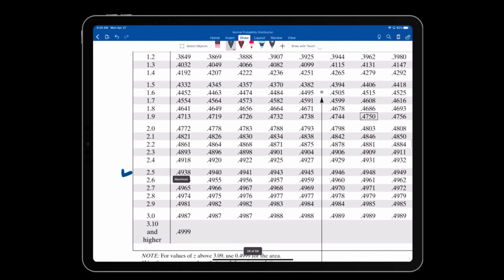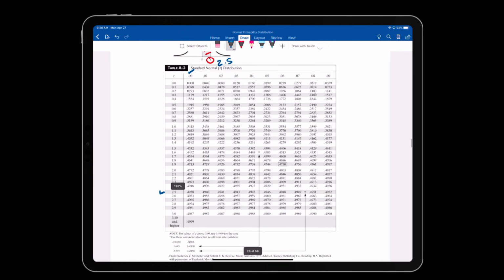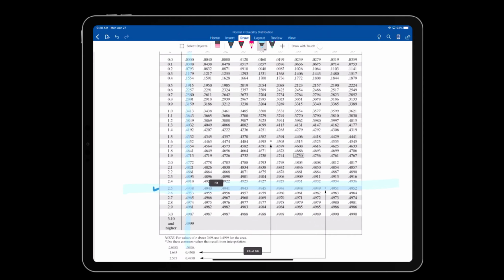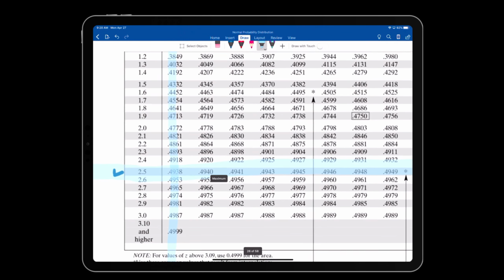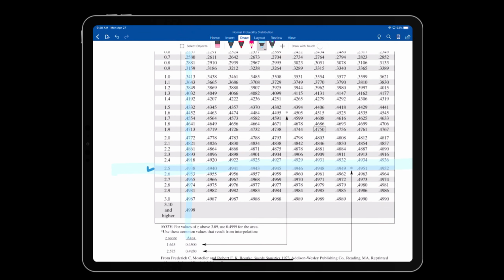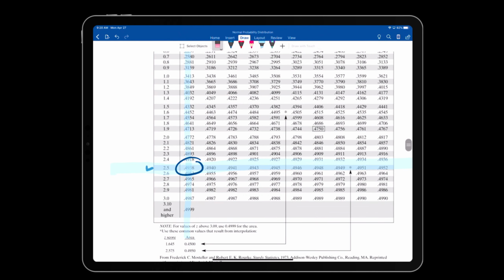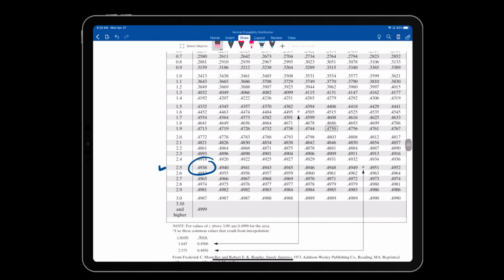We got the 2.5 row. So if I follow, and let's try that out. 2.5 row, 0, 0 column. What number is in that intersection? And it's going to be hard to see. I'm going to erase the row and column, and I'm going to show you guys what this is.